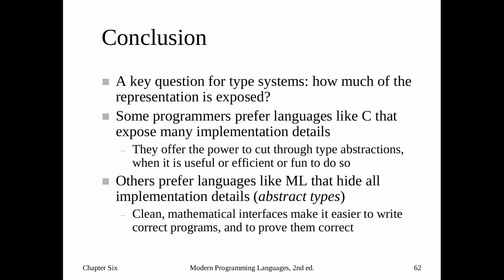Typically, people who like ML or Haskell or the functional languages prefer this abstraction because it's much more mathematical. They like the abstract type theory that goes on with this, and how we construct these types and make them what they would consider to be sexier mathematics.